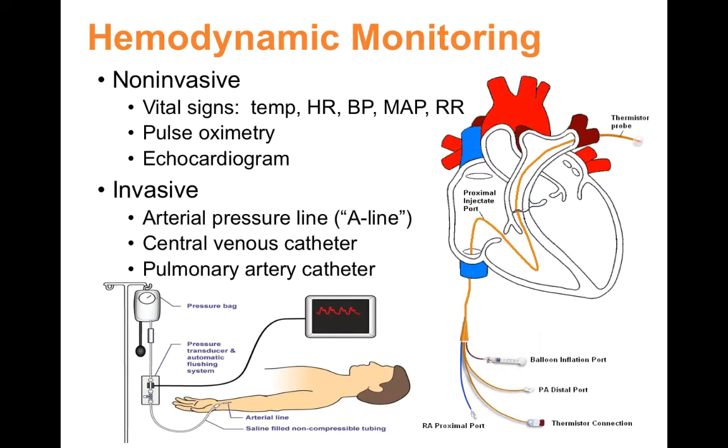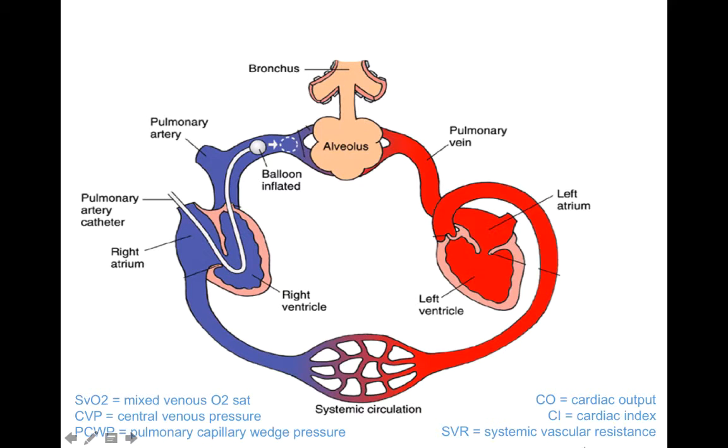This may be related to the fact that we often put these lines in patients who are sicker and may be more likely to die, but this data has cut back our initial approach from putting these lines in everyone to definitely trying to be more selective and only putting it in the patients who need it. The reason being, often from the patient's history and how they present with their symptoms, you can a lot of times extrapolate and figure out what the type of shock is without having to put in one of these big invasive lines.